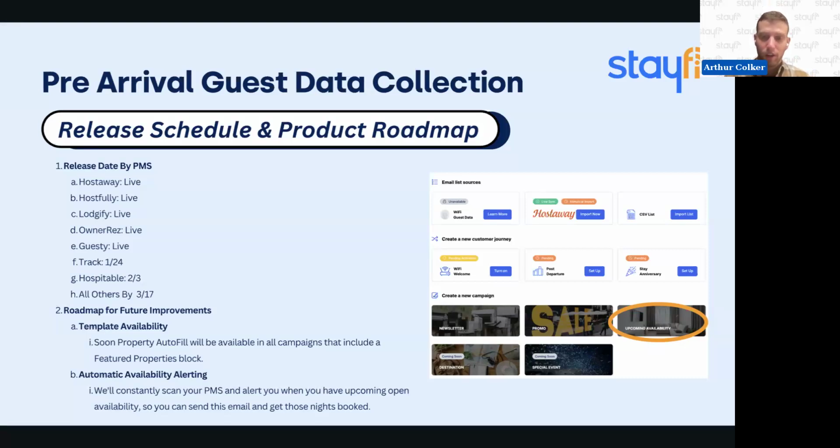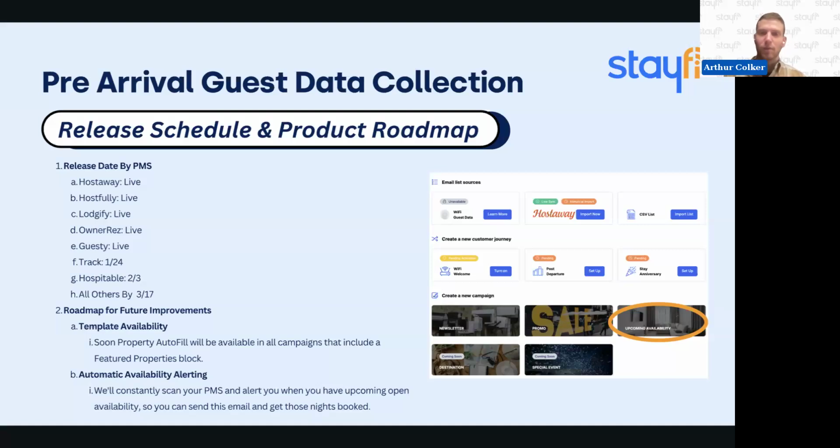But if you have been using our newsletter or promo templates, you will have seen that we have these feature components there as well. And we will add this functionality to automatically import information from your PMS into that component for all other campaigns and builders where we have the feature properties component.